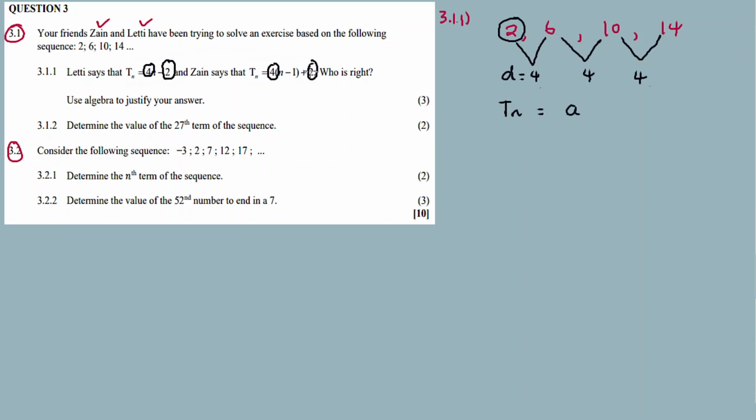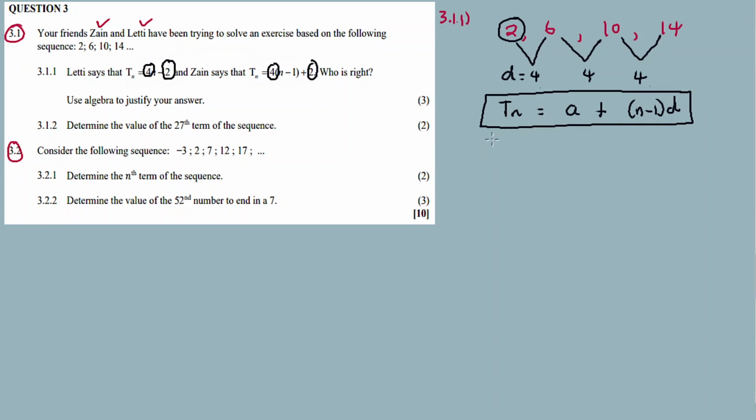We don't know. I'm just pointing it out. At least they got some elements of the nth term correct, plus n minus 1 times d, which is the common difference. This is the formula we apply when looking for the nth term of any given sequence.